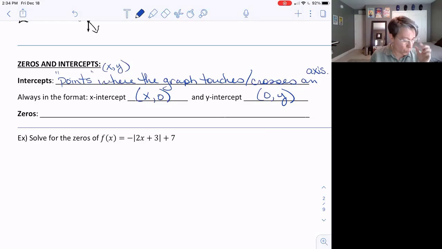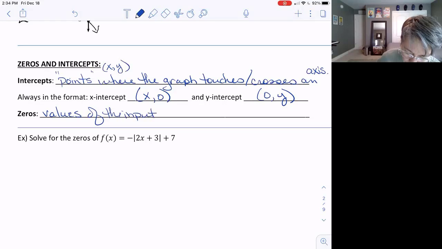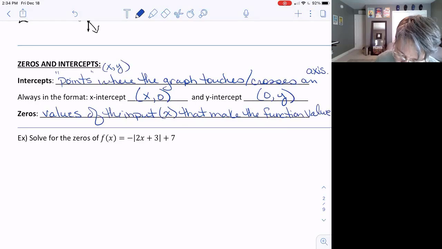Zeros, and you're going to hear that word a lot, are values of the input, which we often think of as x, that make the function value, or y, equal to 0.